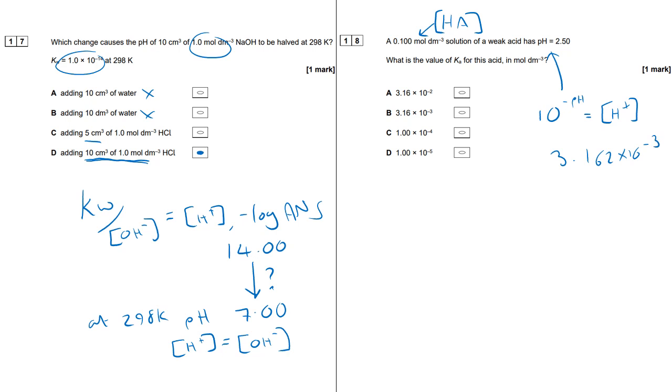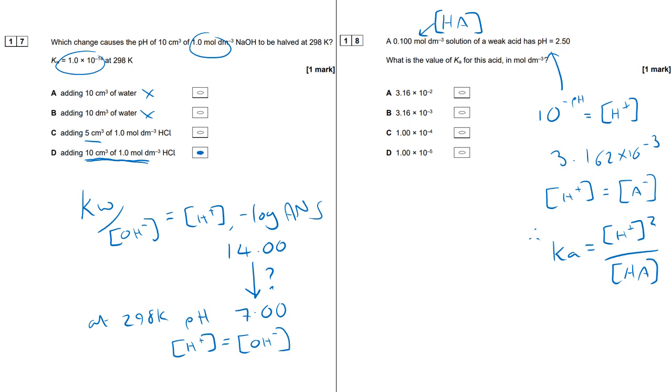Going back to the equilibrium Kc question from before, if it's a weak acid, we can assume that H plus equals A minus. So we can simplify the Ka expression, if the weak acid is on its own, to H plus squared over the concentration of HA.